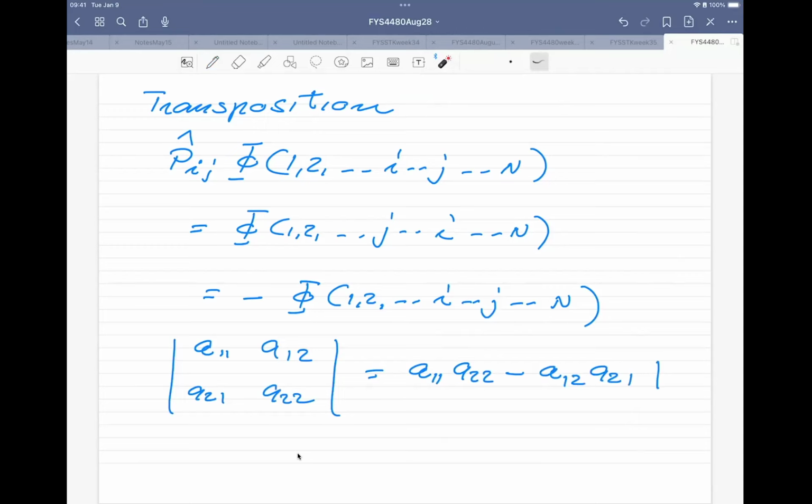So the Leibniz representation, let me just bring this up here. If I take a determinant like this one, determinant A, this is given by a sum over pi, over all the permutations which we can make.